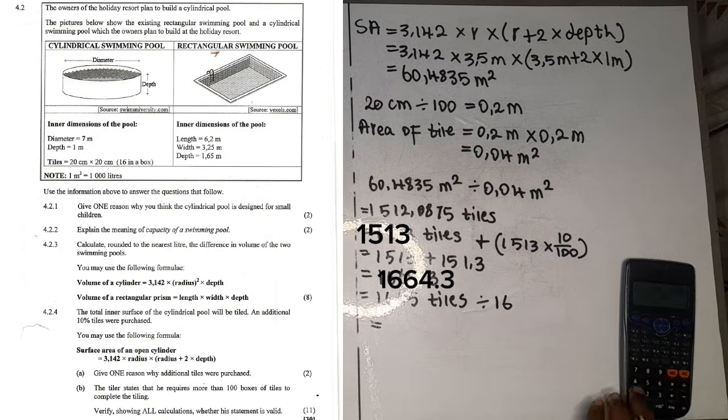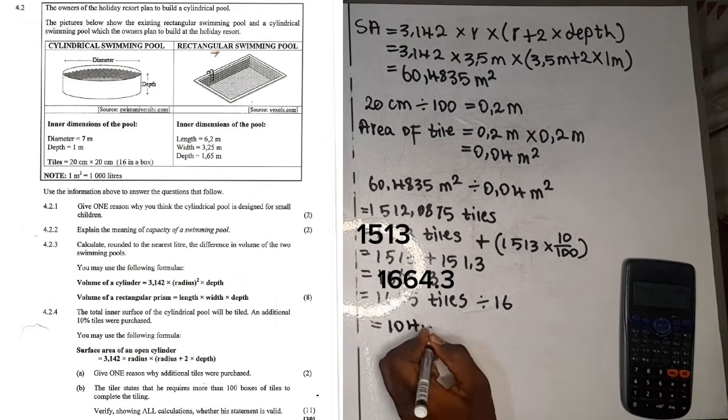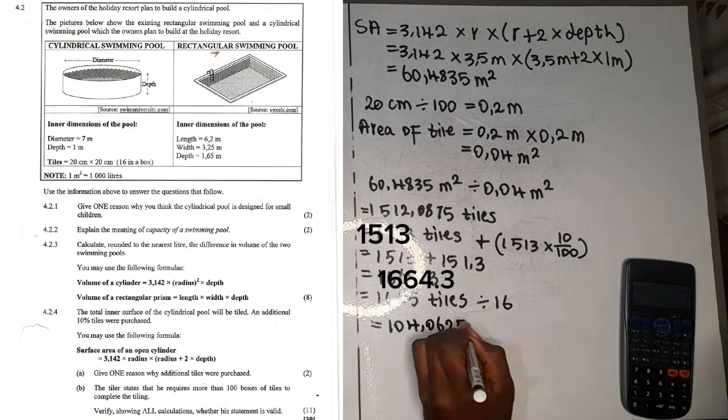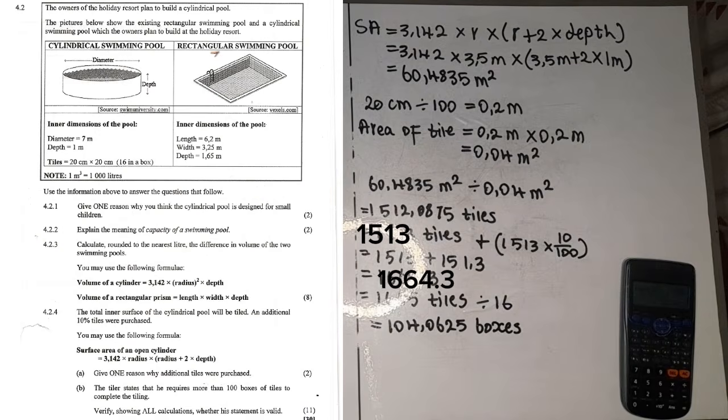So we're going to say 1665 divided by 16, and that gives us 104.0625 boxes.